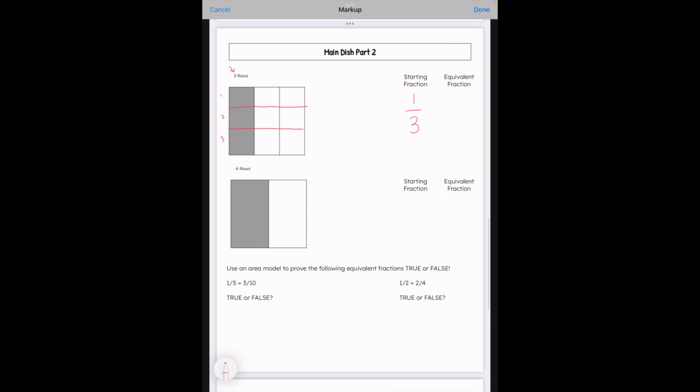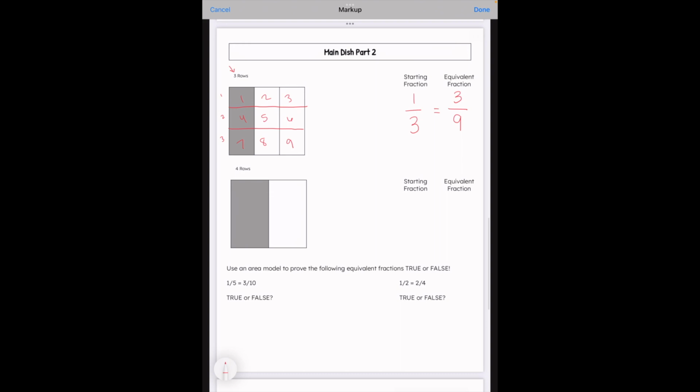Now our model has 1, 2, 3, 4, 5, 6, 7, 8, 9 pieces total. And 3 of them are shaded in. So our fraction that's being represented now is 3/9. Again, 1/3 and 3/9 are equivalent. They are the exact same value, just with different numbers.